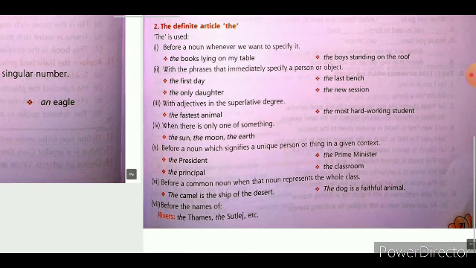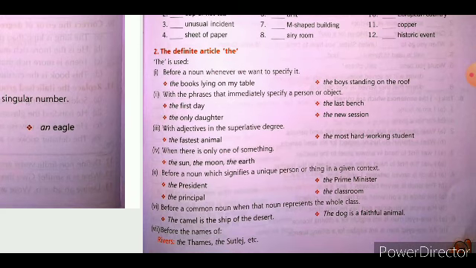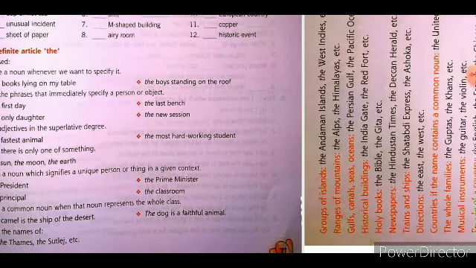So determiners, like the definite article the, are placed before a noun or pronoun as an adjective. Okay, my dear students.